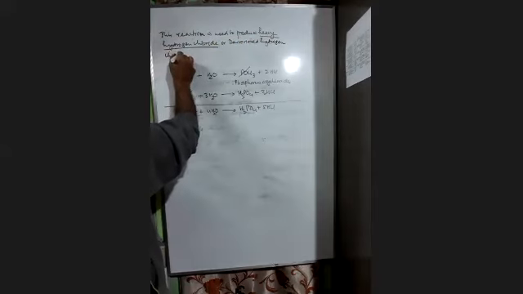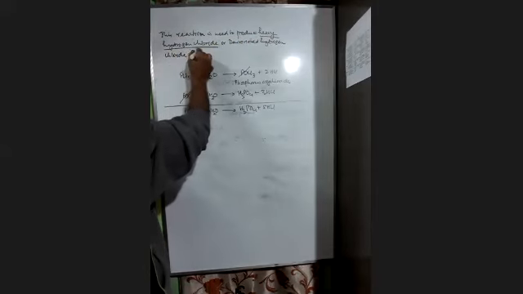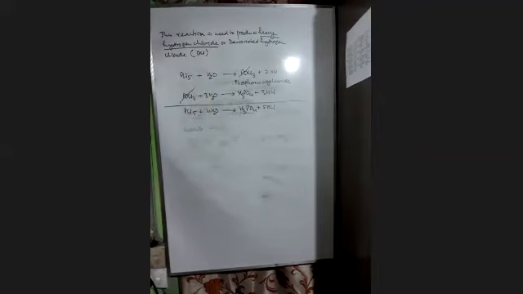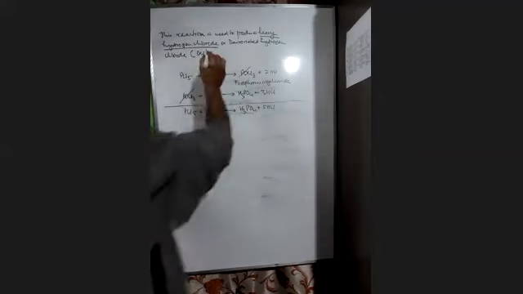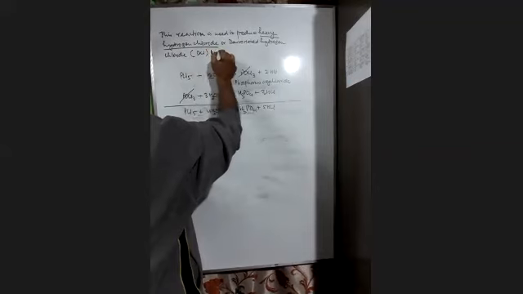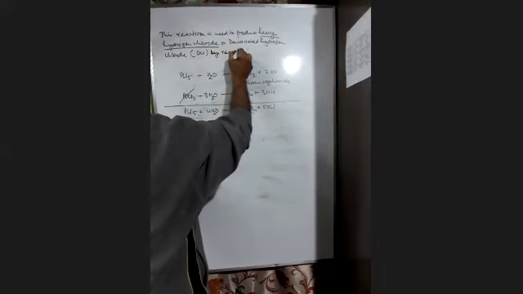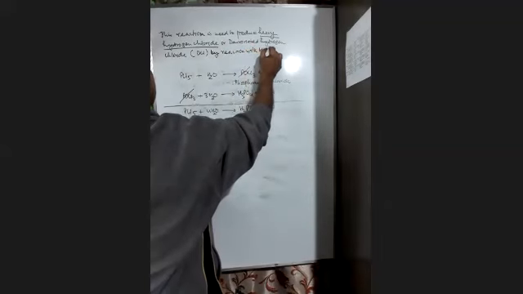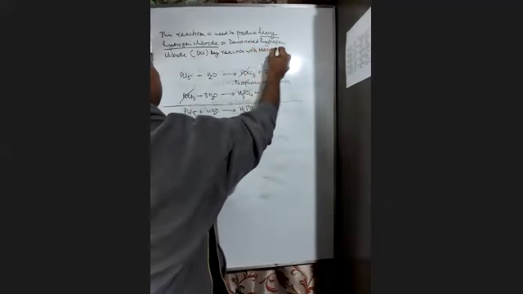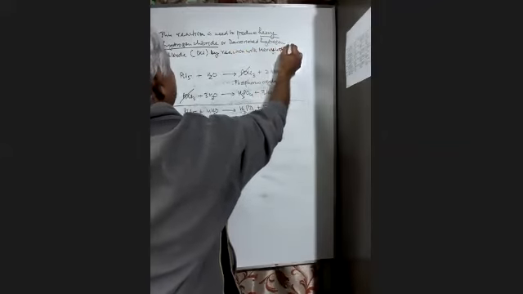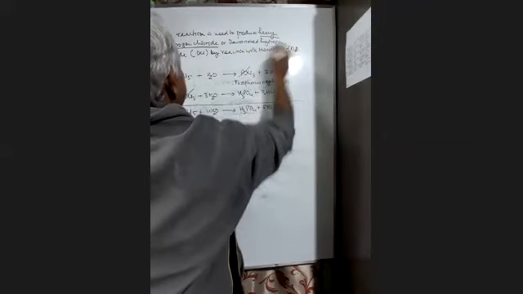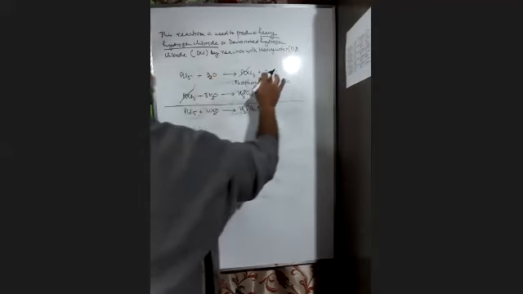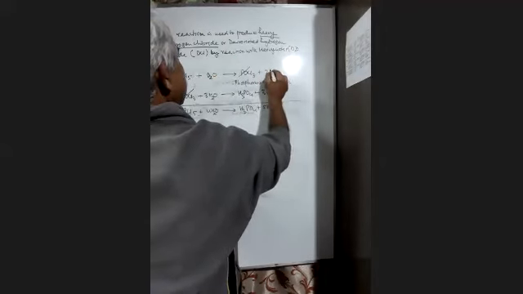Remember, what is the meaning of this? See, the heavier isotope of hydrogen is deuterium, by reaction with heavy water. You know the formula of heavy water? D2O. Now see here, I'll replace with D2O. So I will get DCl here.